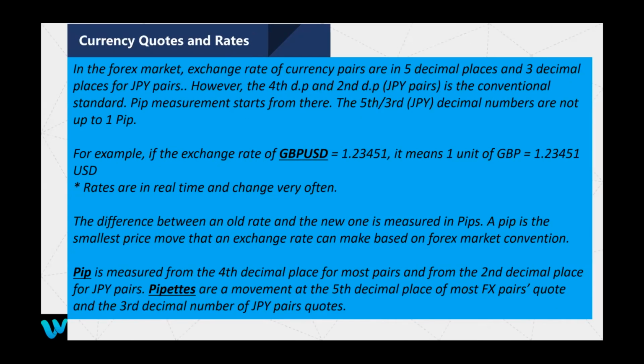In the Forex market, the exchange rate of a currency pair is in 5 decimal places, like the example I gave on Euro US dollar. Normally it's in 5 decimal places for all of the currency pairs, apart from the Japanese yen currency pairs.